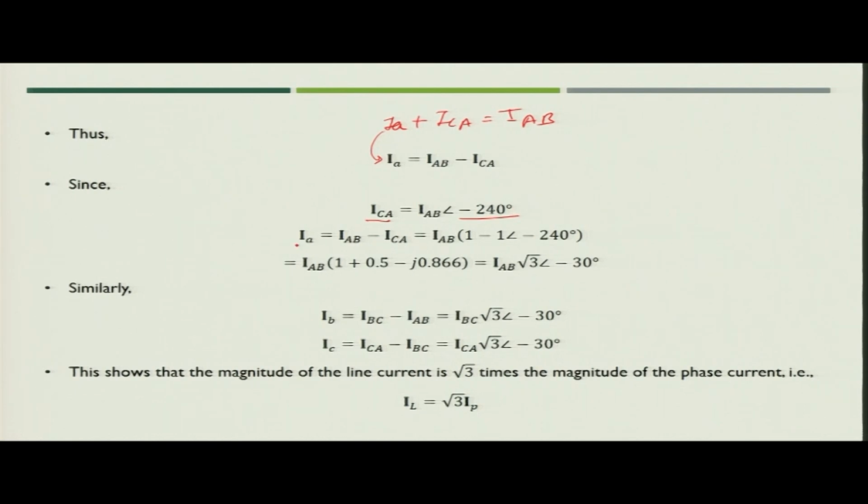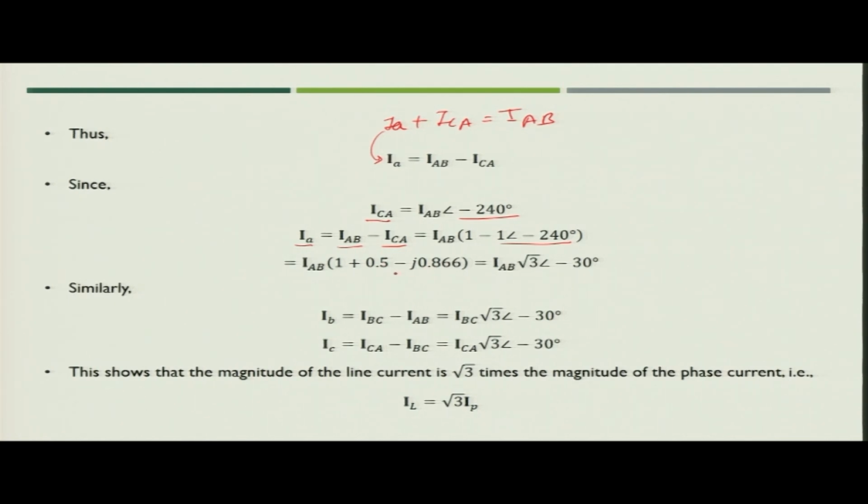So, what we will write? We will write IA is equal to IAB minus ICA, that is, you can take the IAB out, and in the bracket you will get 1 for IAB minus 1 angle minus 240 degree for the ICA. So, if you change the phasor notation into rectangular form, you will get 1 plus 0.5 minus j 0.866.